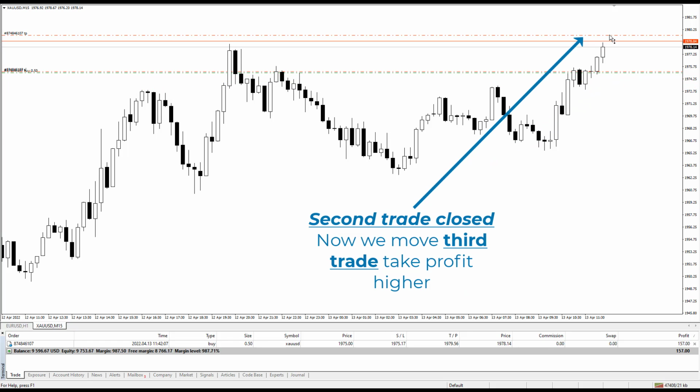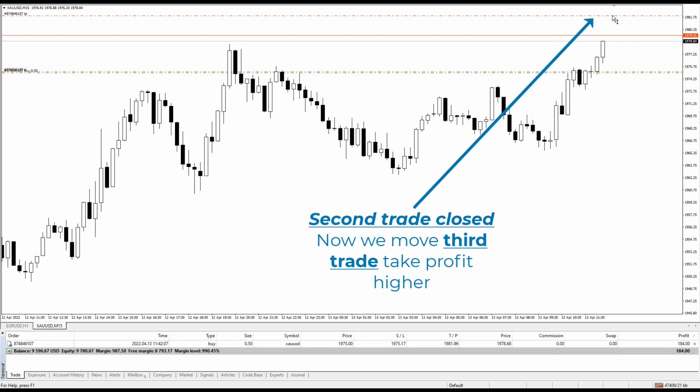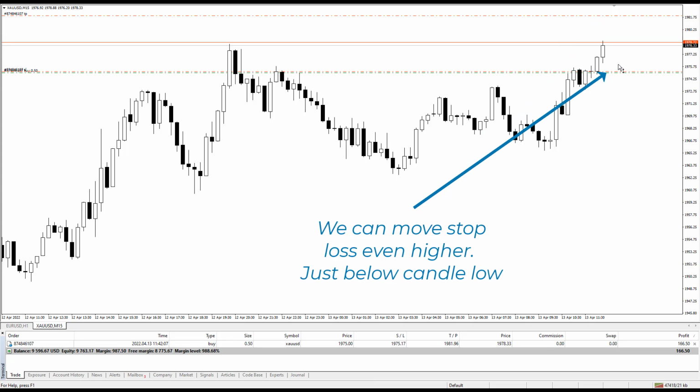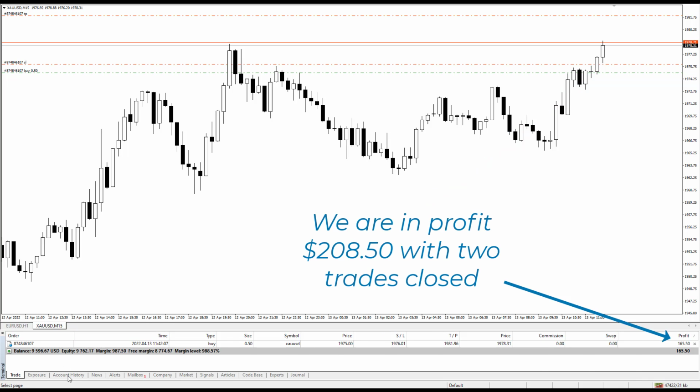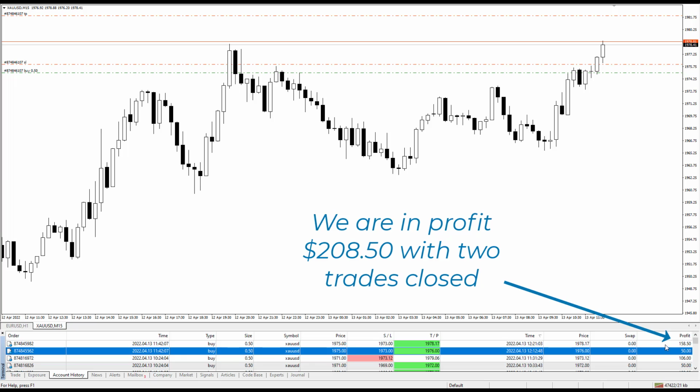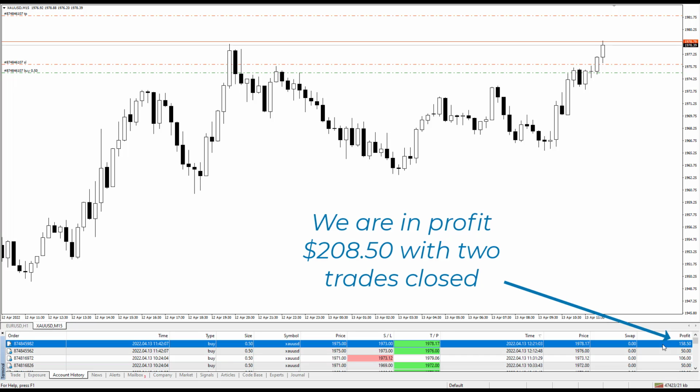Now I will move the stop loss and take profit of the third trade a little bit higher. Now the third trade cannot be closed in loss, it will be closed with profit. What you can see here, now I have moved the stop loss below this candle low. Currently we are in profit over $200. This is great, with two trades closed.